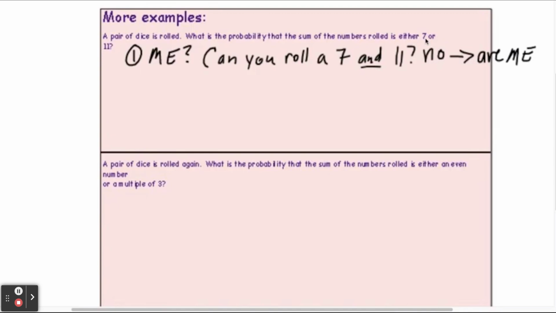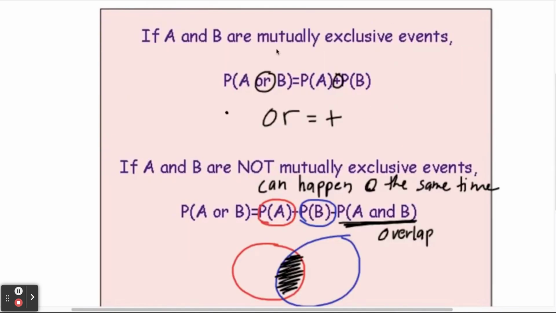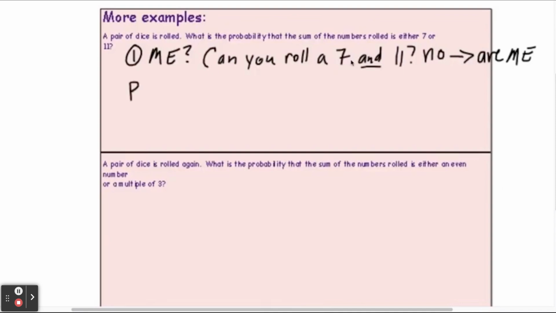Okay, and so if they are mutually exclusive, I'm going to go back to our formulas. If they are mutually exclusive, what we're going to do is we're going to add the two probabilities together. Okay, so we're going to find the probability of rolling a 7 or 11 by adding the probability of rolling a 7 plus the probability of rolling an 11.